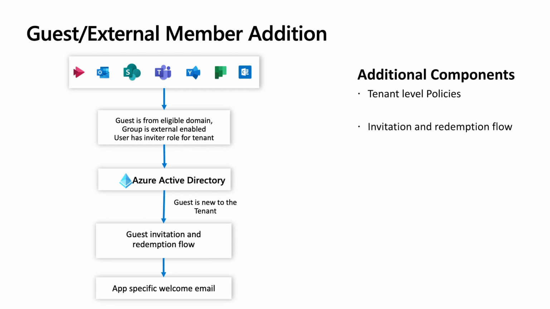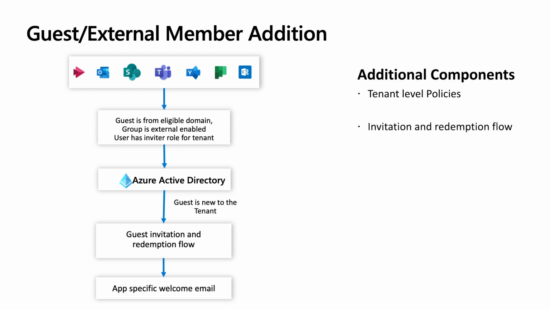The next flow, which is slightly more complicated, is let's assume that this guest is new to our tenant. So let's say I want to invite somebody from contoso.com. My company has set up contoso.com as an eligible domain. And now I add, say, John from contoso.com to my group. Azure AD is going to take in this request, but the user is marked in a pending state, where the user now gets an invitation to participate in my company.